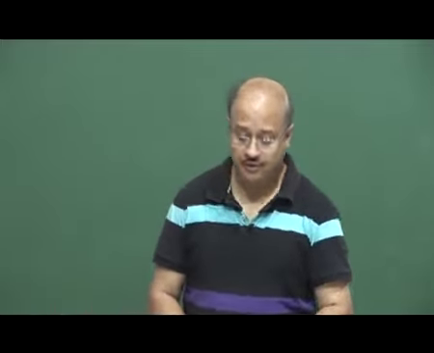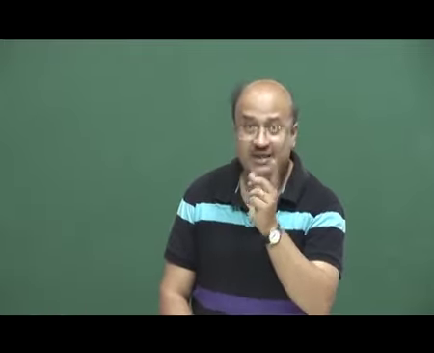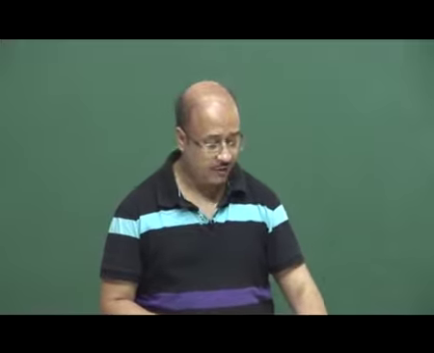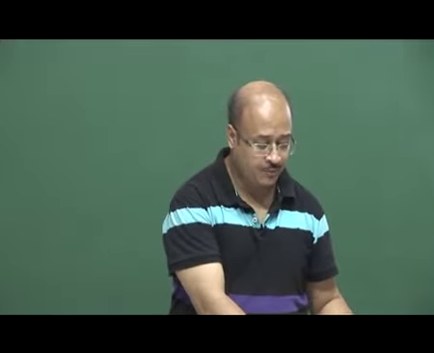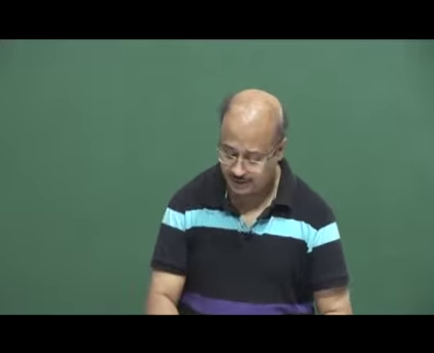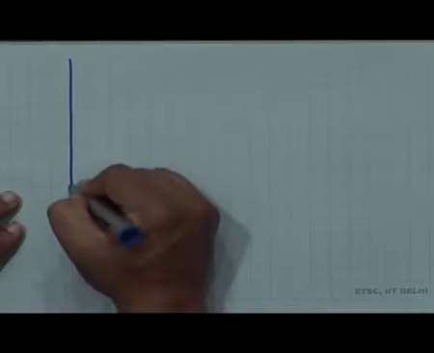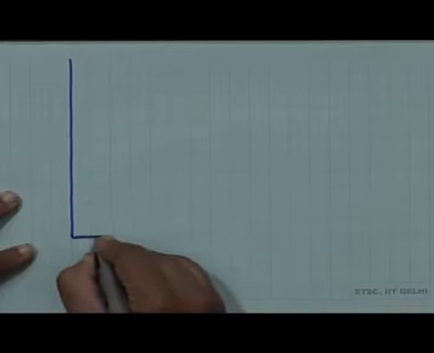I will end this section on first order reactions with this plot, so that you can have a better feeling of what we have discussed up till now. The plot goes like this. Let us see whether I can draw it properly.